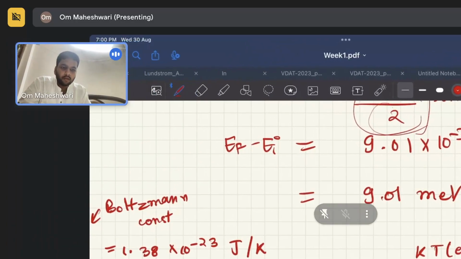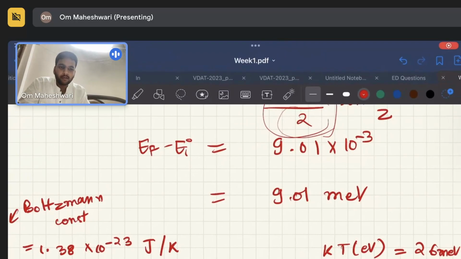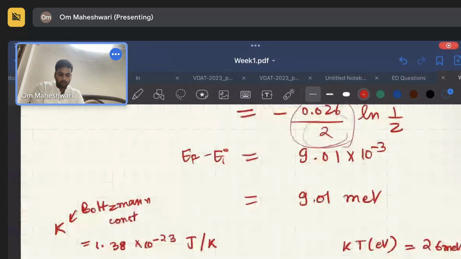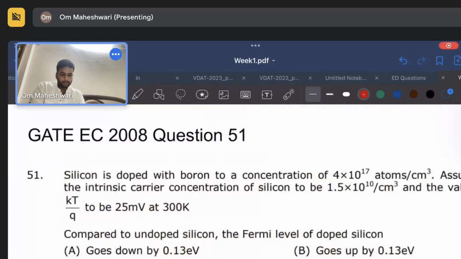Okay, so let us move on to the next question then. You try to solve it first. Again, it is very easy to solve. First try to see what they're asking and what information you have.